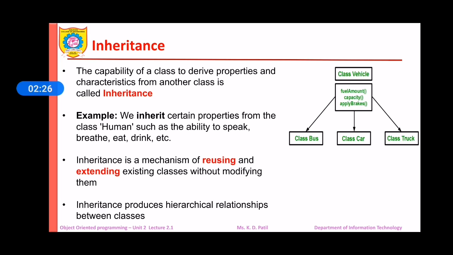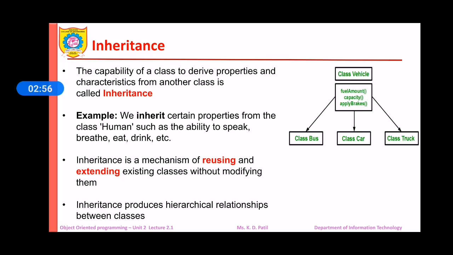Now, the number of wheels for car class is a separate characteristic of the car class. Now, what will that car class do? Car class will derive the properties from the class vehicle as fuel amount, capacity, apply brakes and add one more characteristic in the list, that is number of wheels. In the same way, class bus and class truck can do.